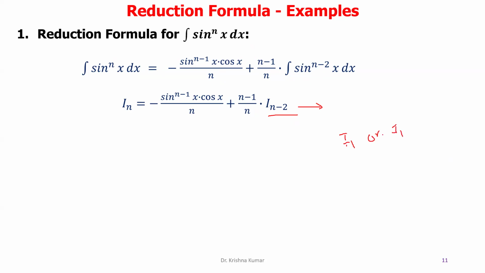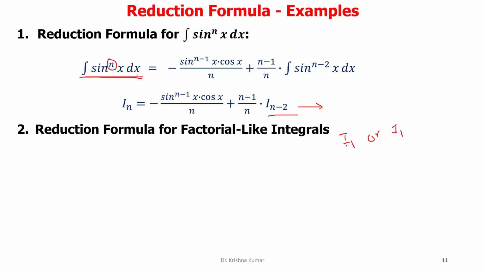Suppose it is I1, then we put n equal to 1, and we get the integration of sin x. And suppose it is 0, then sin^0 x is 1, so we also get the integration of 1 with respect to x. So this is the first example of a reduction formula, in the trigonometric case of sin^n x.